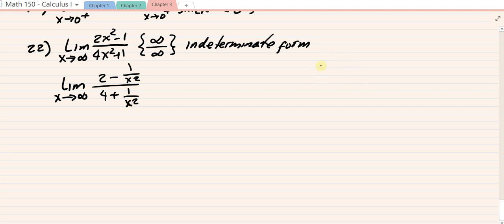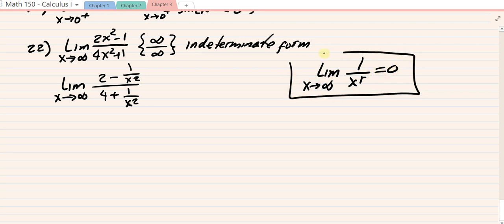Let me recall what this limit was: 1 over x to the r, as x approaches infinity, is 0. We're going to use this anytime we want to find the limit of 1 over x to a power. But it's important that x has to approach infinity for this limit, and not x approaching a.